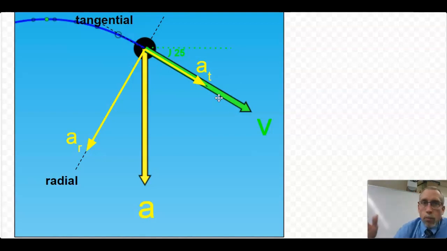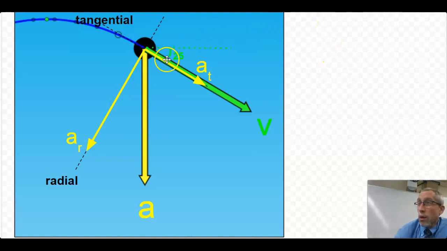So I just kind of picked a number out of a hat, and it doesn't quite fit right as far as the diagram, but I'm going to say maybe this is a 25-degree angle. So we would say at this moment, the velocity vector is pointed 25 degrees below horizontal. So if we know that, and if we also know the direction the acceleration vector points, which in our case is straight down, then the difference between those is what we need to use.